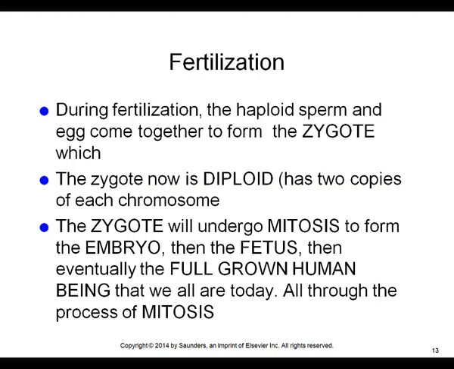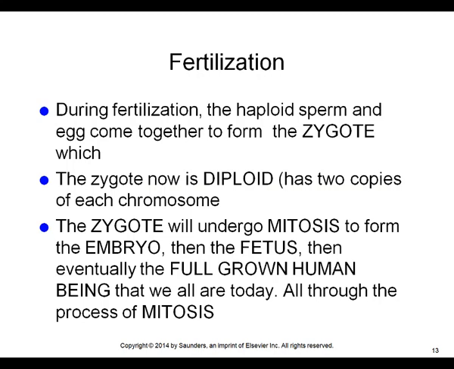And those 46 chromosomes are going to be a new individual. And that new individual, the very first cell that every single person that's watching this was once, one cell. That one cell is called the zygote. That first cell is called the zygote.